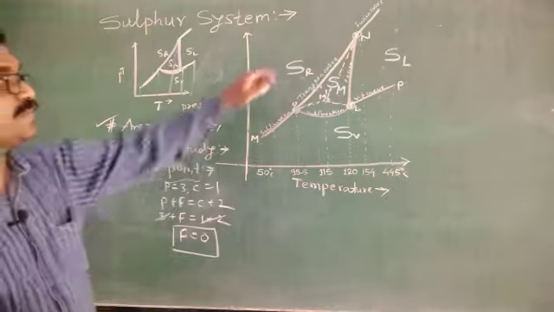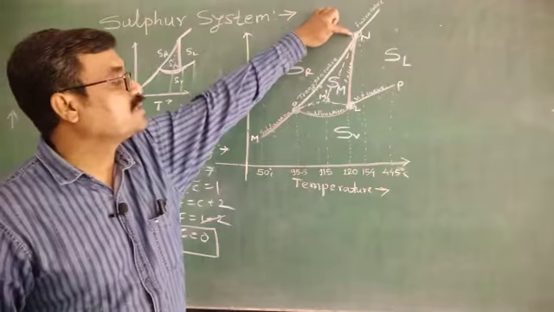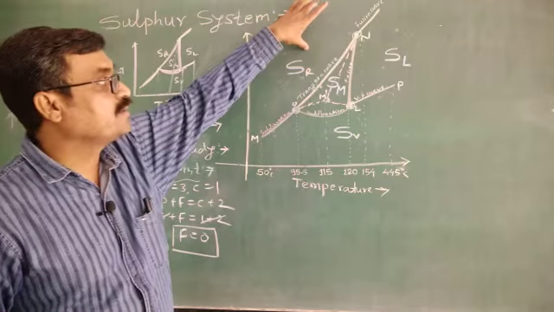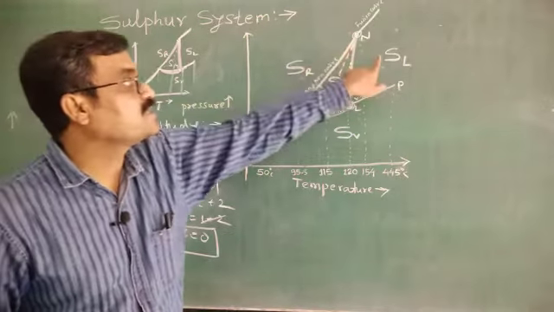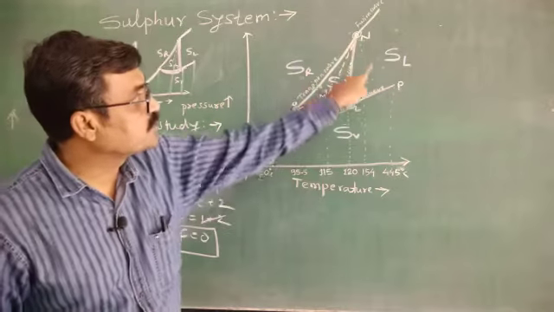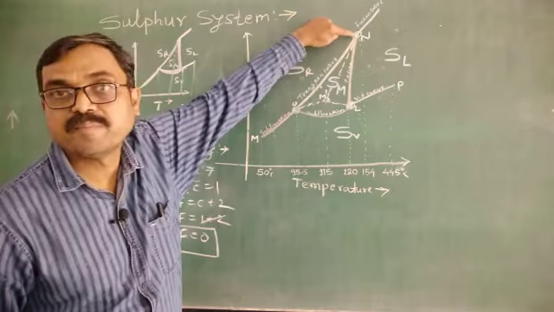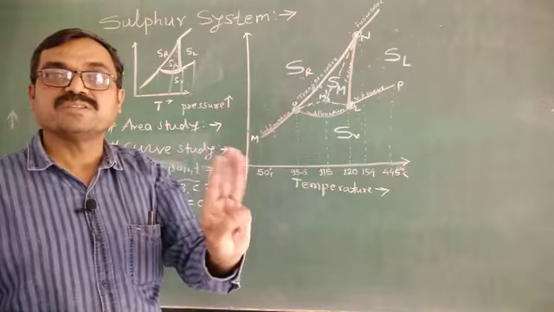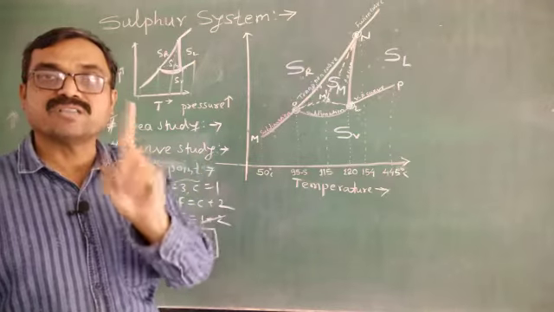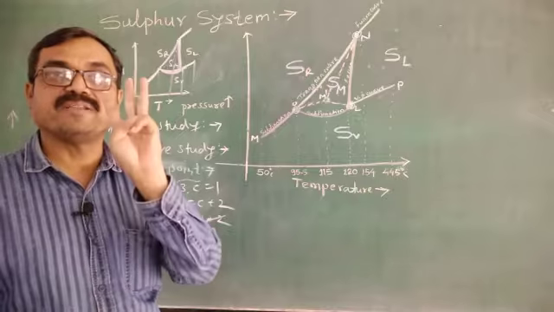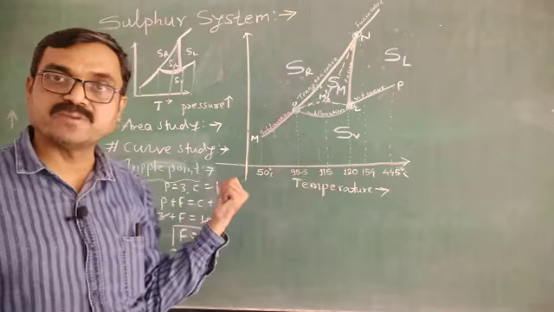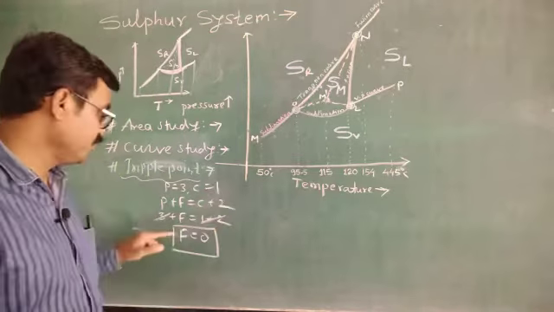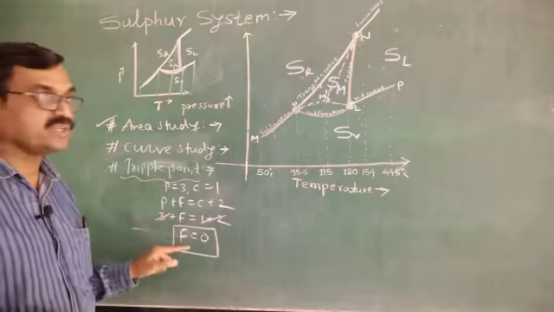Same thing for this triple point: sulfur rhombic, sulfur monoclinic and sulfur liquid. See, 1, 2, 3, these are the 3 in equilibrium. Again, degrees of freedom 0. Why? Because C equals to 1 and number of phases 3. Put in Gibbs phase rule P plus F equals to C plus 2, you will get non-variant, F equals to 0.